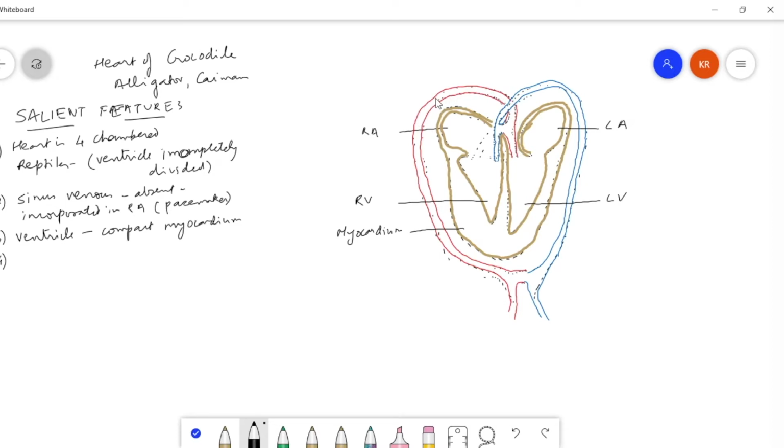Since it is moving towards the right side, we call it the right aorta or right systemic arch, and this one is called the left aorta or the left systemic arch.